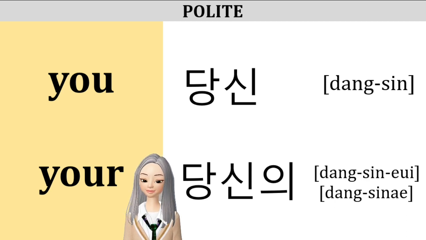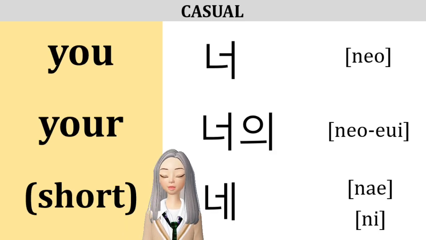Again, said fast, you can just say 당신의. The polite form of you didn't have a short form for the possessive part, but for casual form, it has. First, you in casual form is 너.